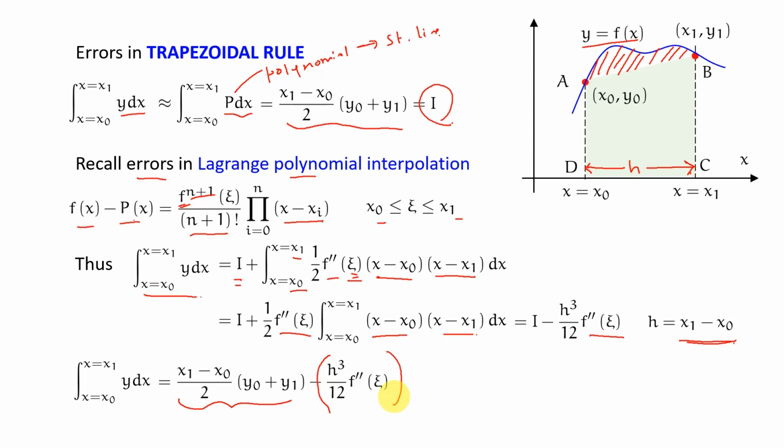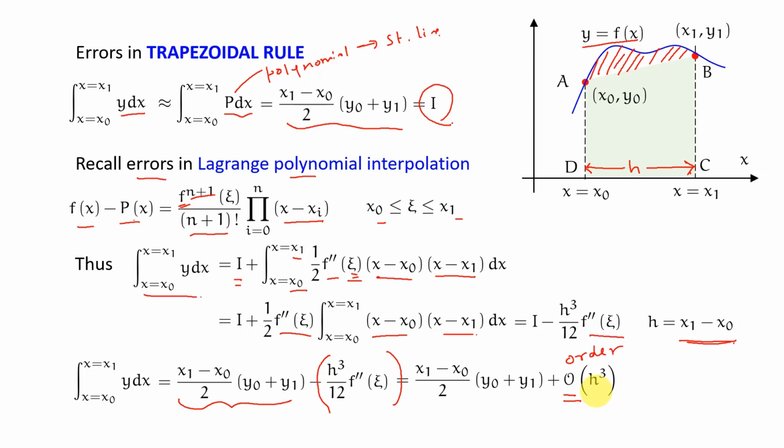You have to understand that for many cases in numerical integration, the function by itself is not known to us, so we cannot calculate this error term with certainty, but we do know that this error term will be of the order of h cube, and by order we mean how this error term will behave as we change h.